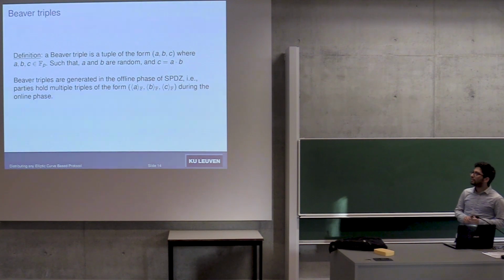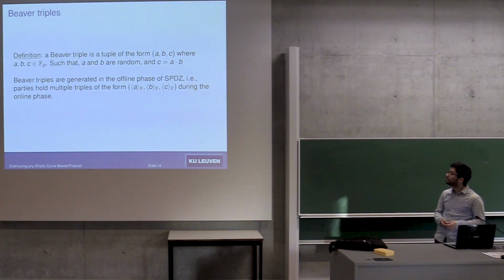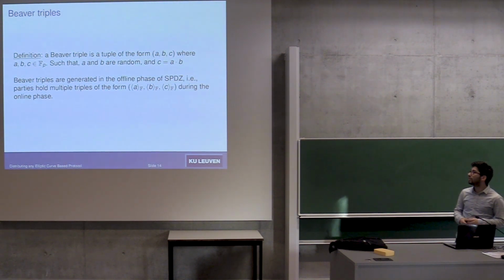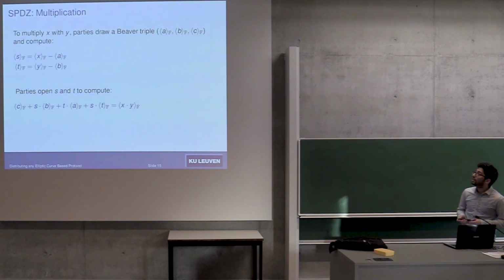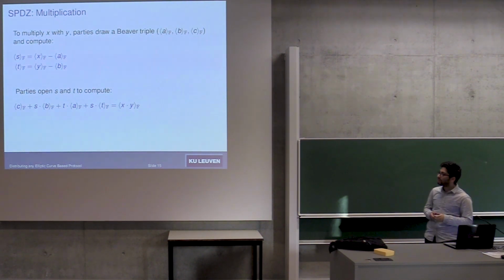And so, as I said, for multiplication we use Beaver triples, and Beaver triples are just triples of the form A, B, C, where A and B are random and C equals A times B. In SPDZ, we generate authenticated triples of this form during the offline phase, and then whenever the parties want to compute a multiplication during the online phase, they can simply do this computation, and so they can get x times y with only one round of communication.